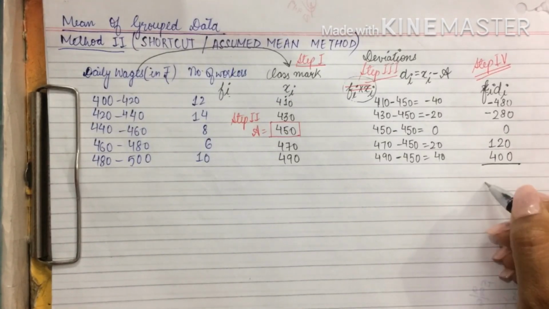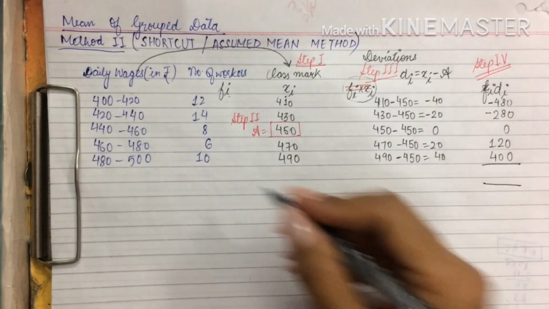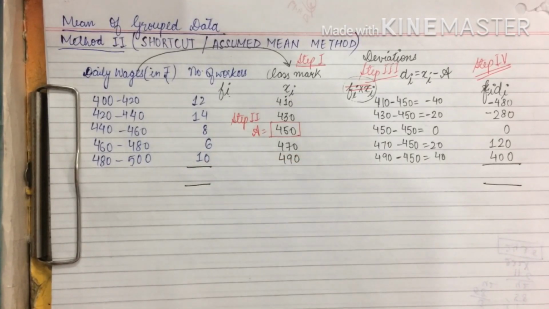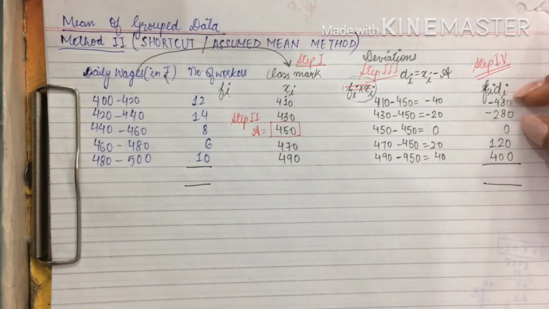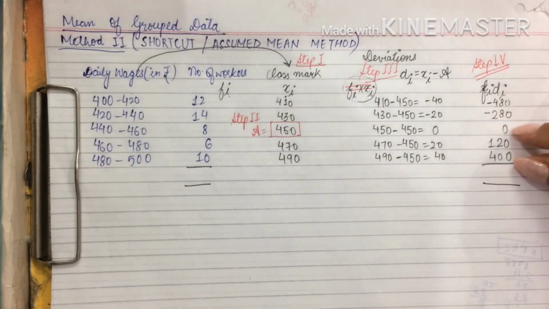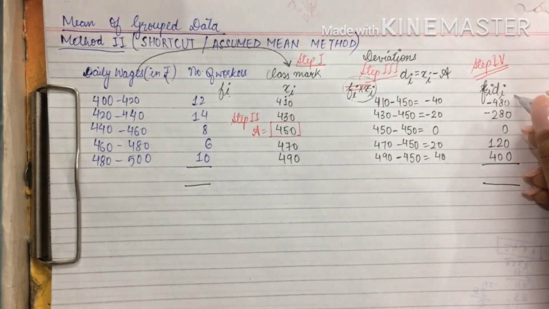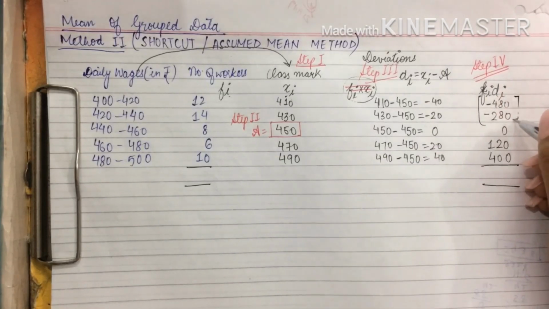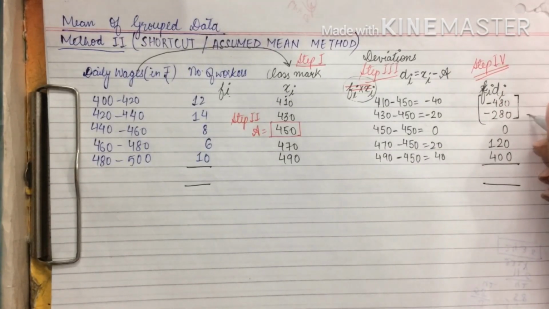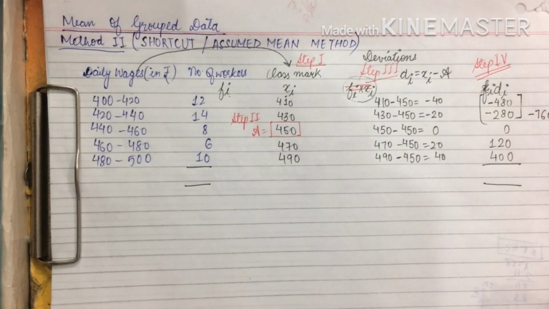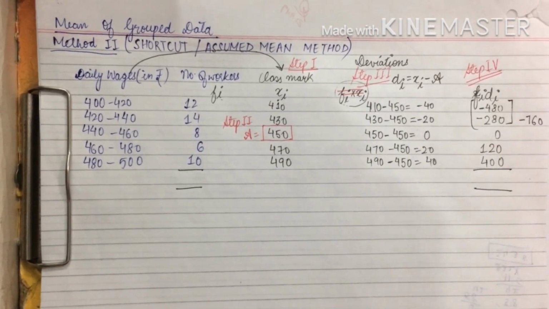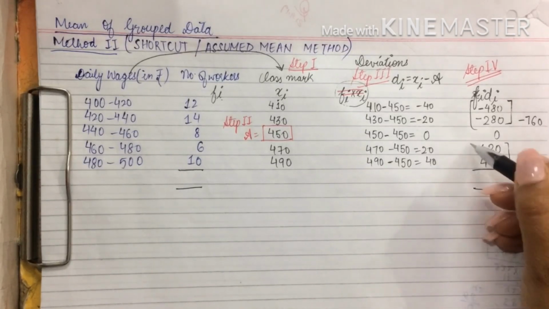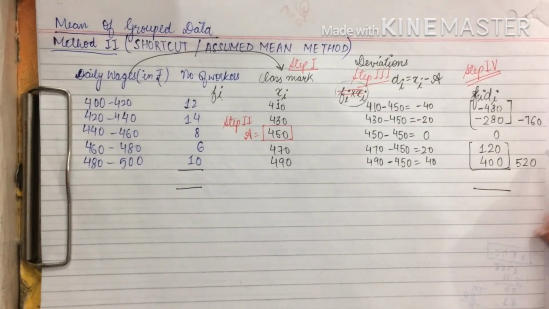Now I will calculate the total of these products and the total of frequencies. Let's find the total for these products. Add the negative values separately and the positive values separately. The total of the negative values comes out to be minus 760. The total of the positive values comes out to be 520.